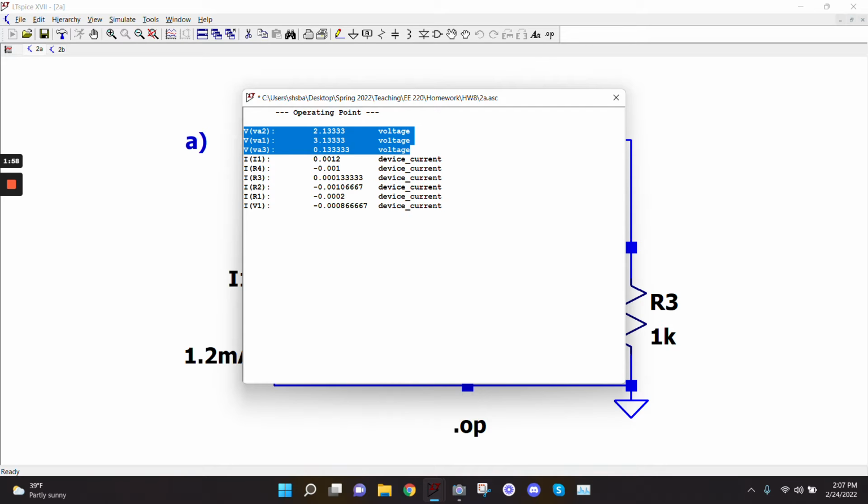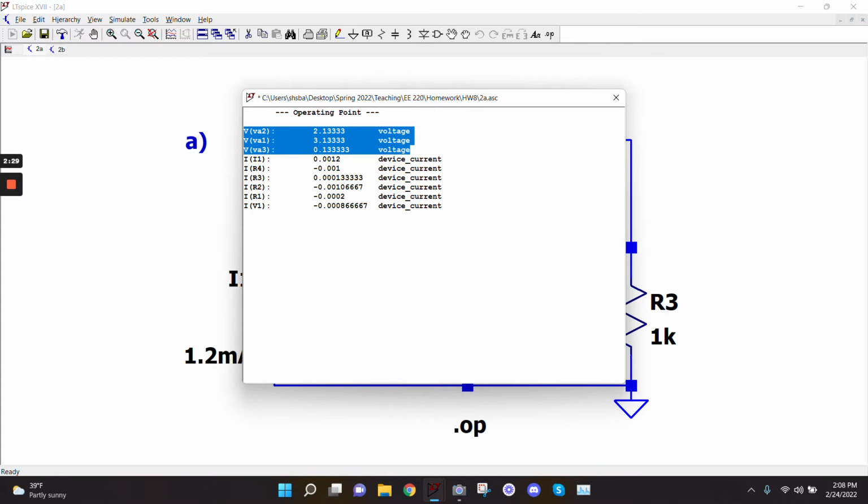So let me go and write those voltages down on this first page. VA1 is equal to 3.133, VA2 is 2.133, and then VA3 is 0.133 volts.